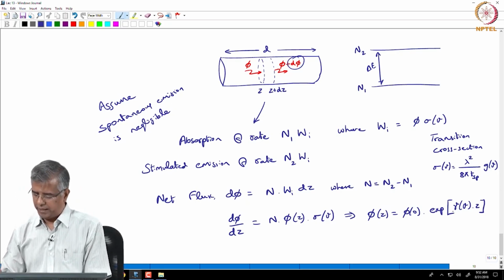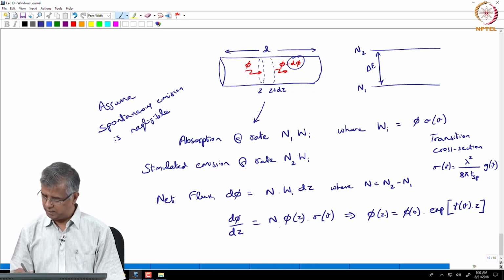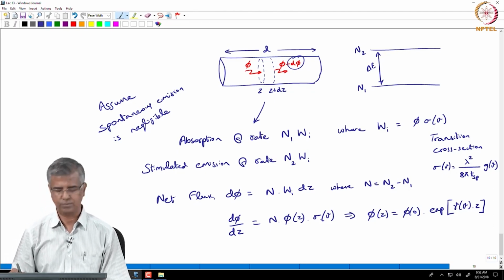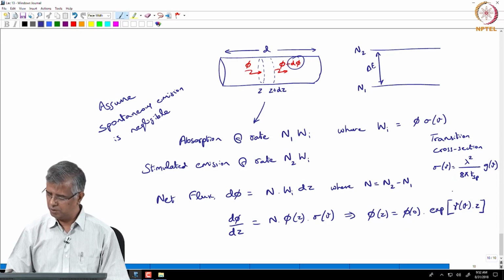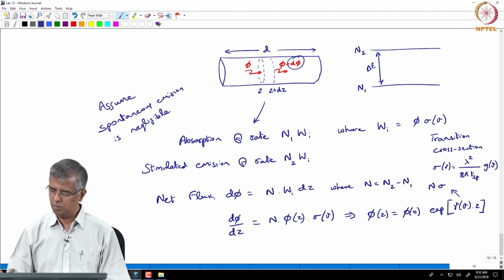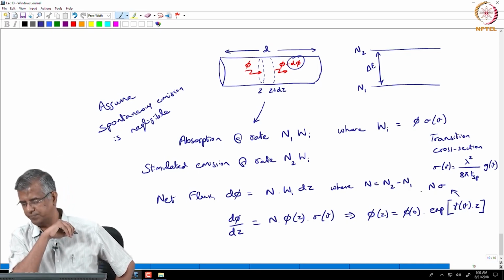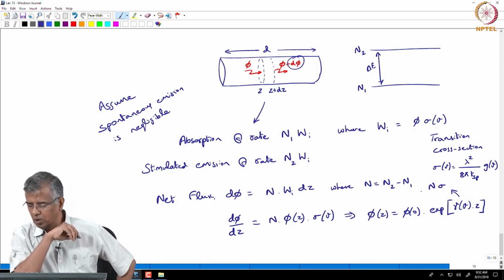So, gamma of nu is representing N multiplied by sigma, right. So, gamma of nu is representing that inversion multiplied by the transition cross section, okay.